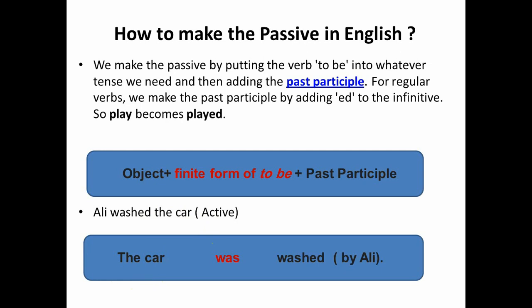Number 3. Check the active sentence. What is the tense in the active sentence? Okay, what is the tense here? Ali washed the car. Can you guess what is the tense here?